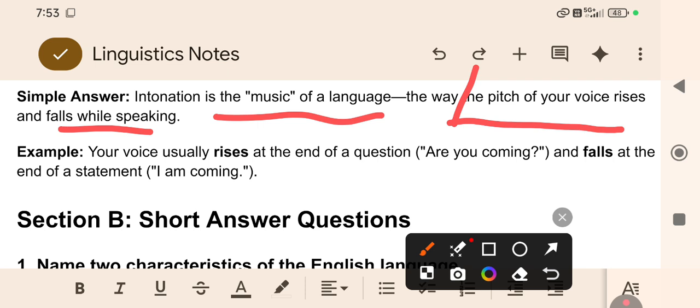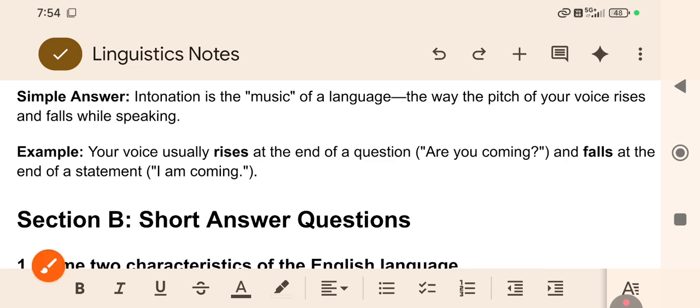I said, no, sorry, I cannot come. Another tone, I said, no, sorry, I cannot come. It says something different about my intention, because of my tone, my pitch, my rising and falling tone. You can understand my purpose, my intention, right? So that is called intonation.